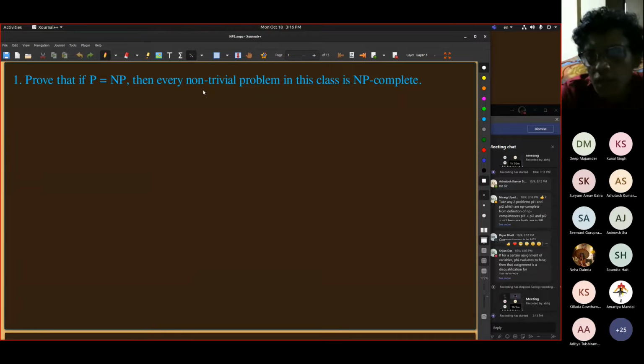When do I call a problem non-trivial? Rice's theorem, do you remember? Yeah, so that means there are some accept instances and also some reject instances, at least one of each. So that is called a non-trivial problem. It's not a problem such that every input is accepted or every input is rejected.